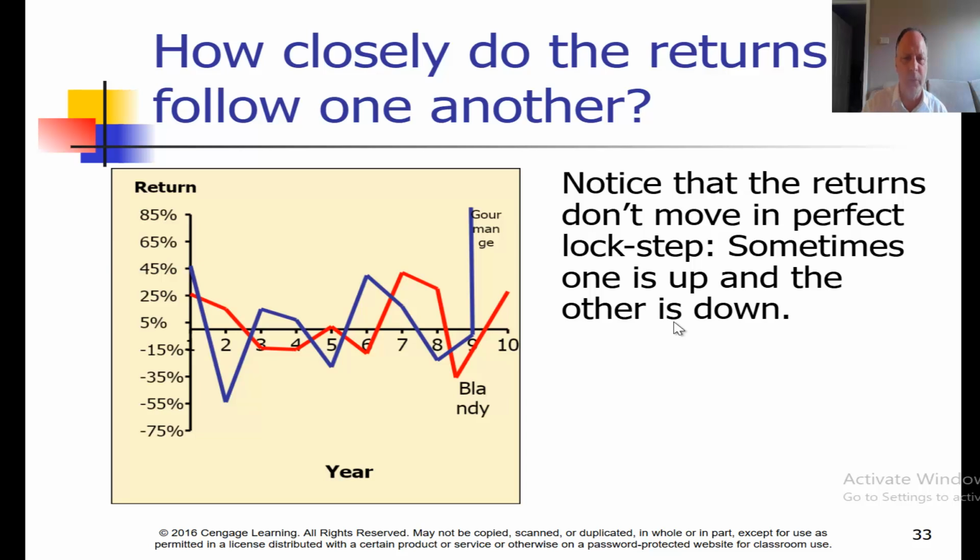But in some time periods, when one goes up, the other one goes down, and they don't go up and down by the same amount. This lack of correlation allows an investor to gain benefits from diversification and get a higher rate of return, well, a lower risk.